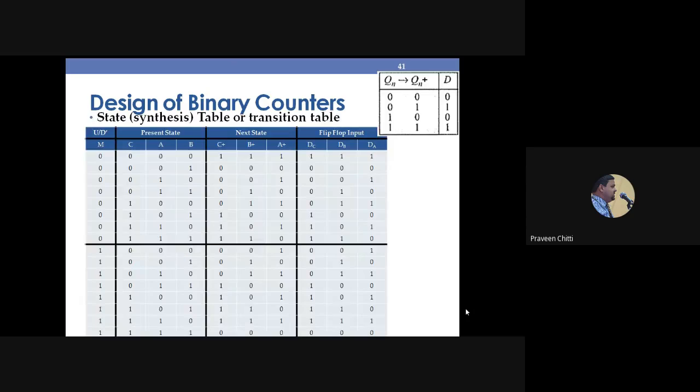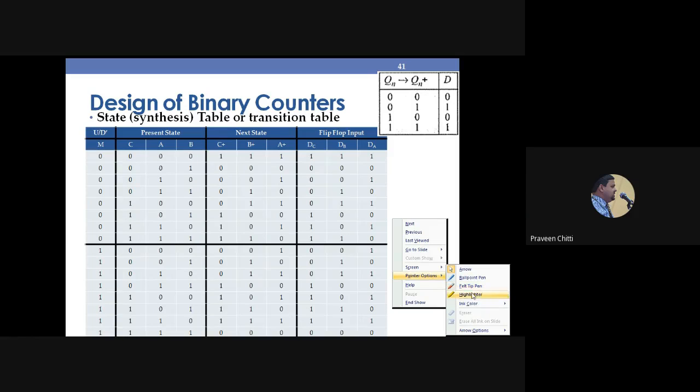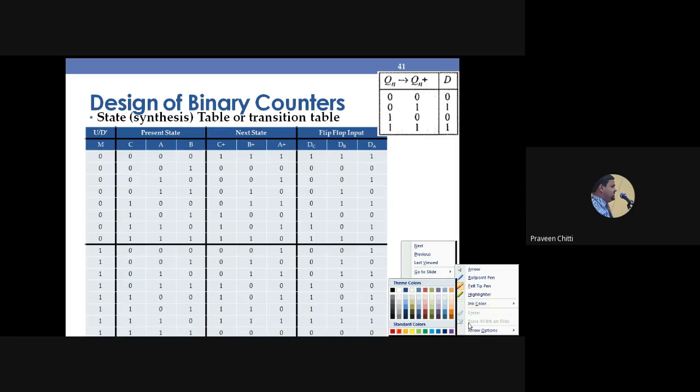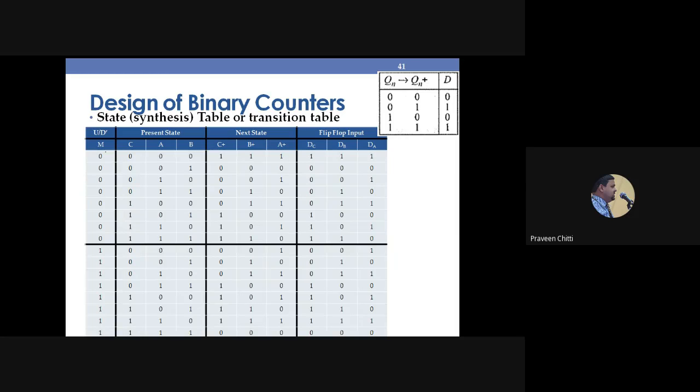And this is the present state and next state table. You can see here everything I have given. All of you try to understand what is happening there. This is a very simple example and a very important example actually. As I said, this is M, and initially I have taken M equal to 0.